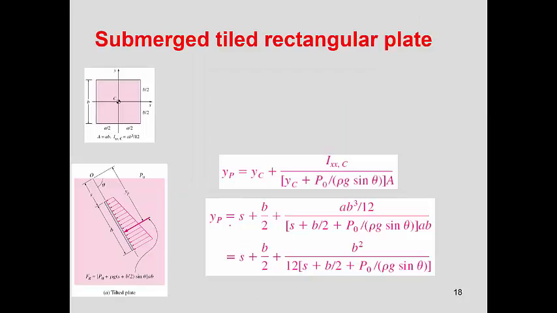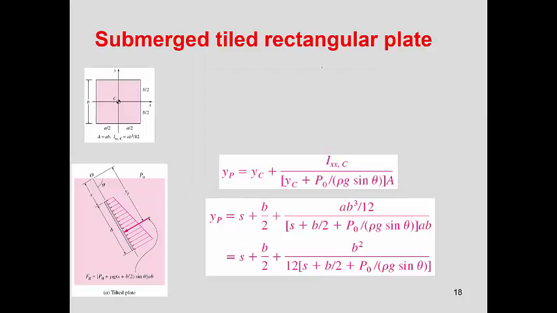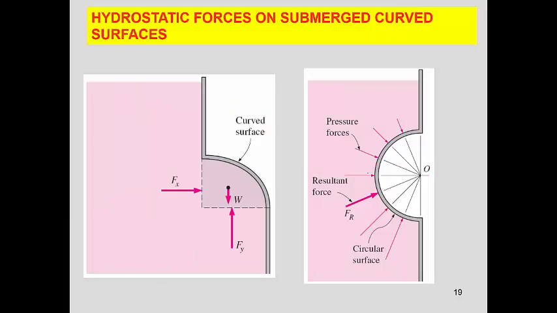Now for a submerged tilted rectangular plate, so it's at an angle, YP equals YC, and of course you calculate this part here, the height of the centroid, which is always half of the length, plus whatever distance you have. Now you have an angle, so you need to incorporate into your equation the expression for sine of theta. It's important to recognize that.